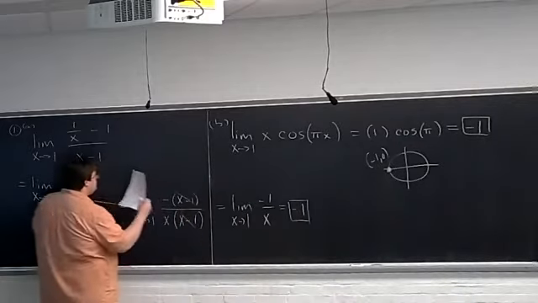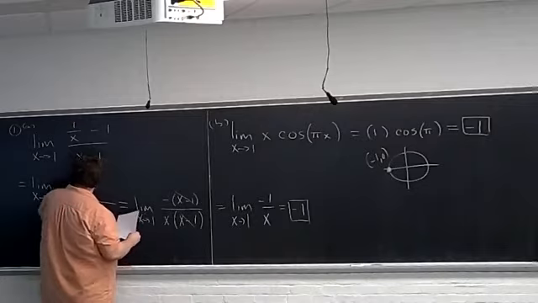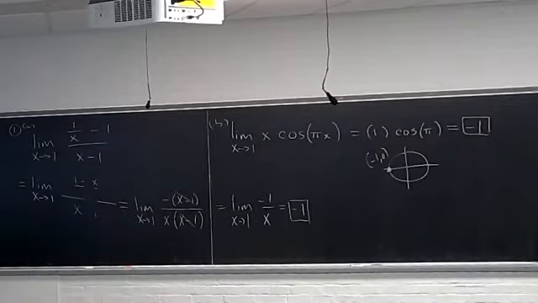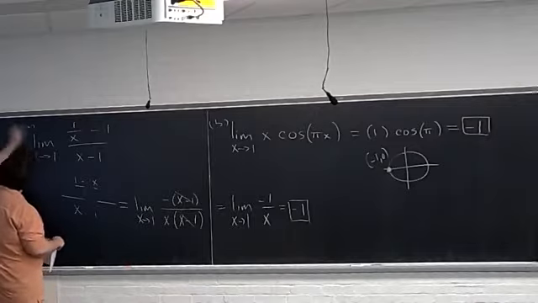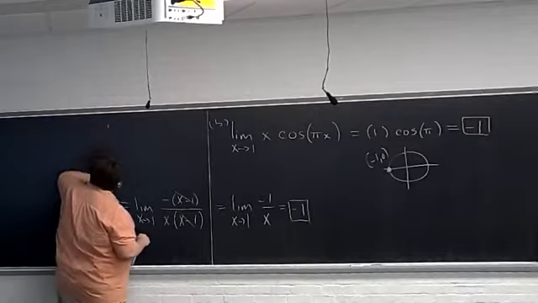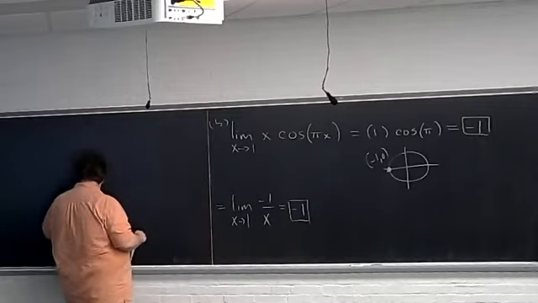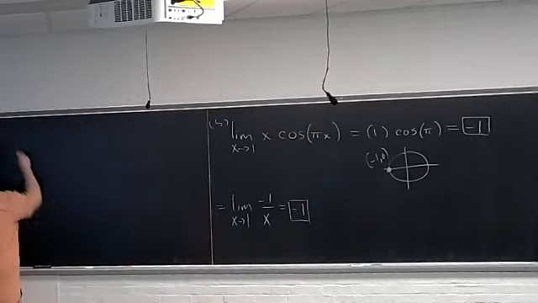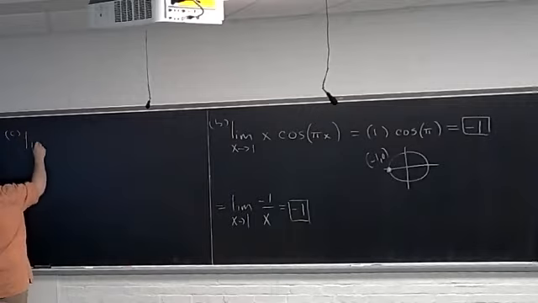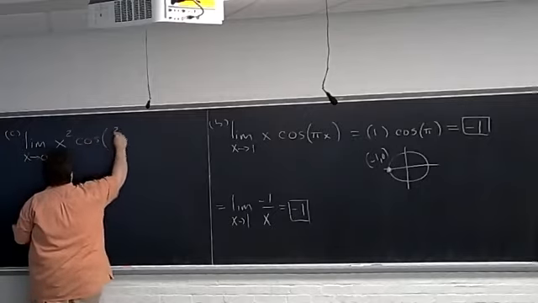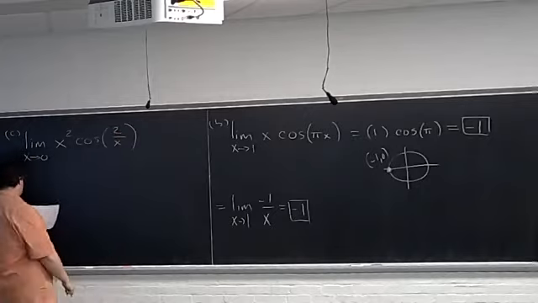Part C, x squared cosine of 2 over x. X squared cosine of 2 over x.